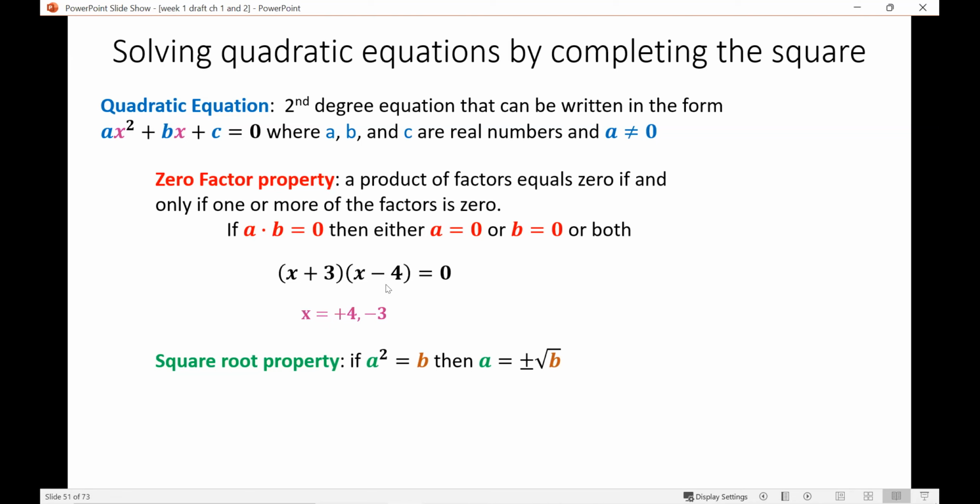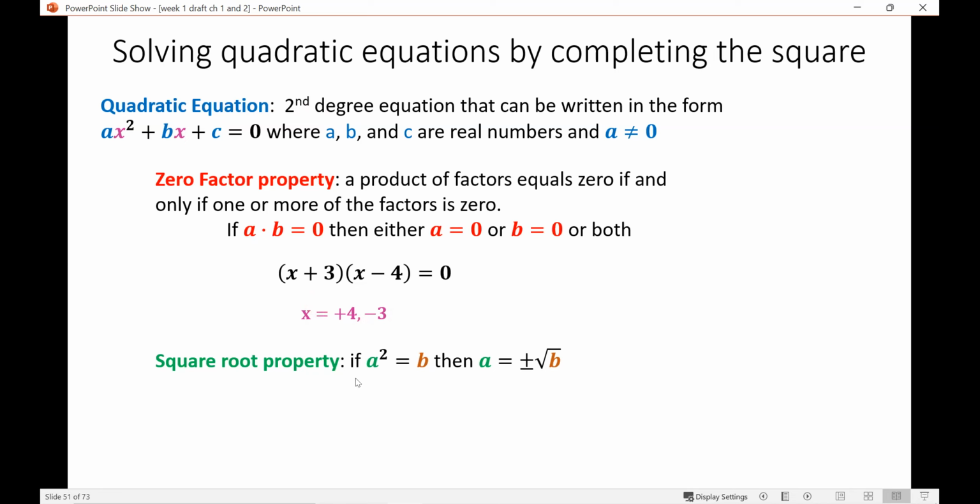So in this case, we've got a quadratic that's been factored. x can be a positive 4 or a negative 3. In either of those cases, one of these factors becomes 0 and this equation will equal 0. Right. Just keep in mind, since we're dealing with second degree equations, we are usually going to have two solutions.